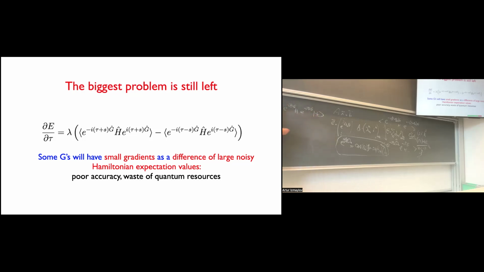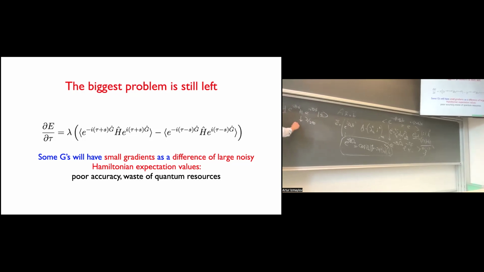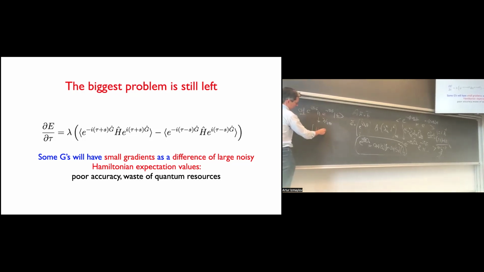In this case, the derivative of the energy with respect to theta is, as we saw, simply the commutator of H with G, so this is an operator by itself for which one can try to evaluate the expectation value.